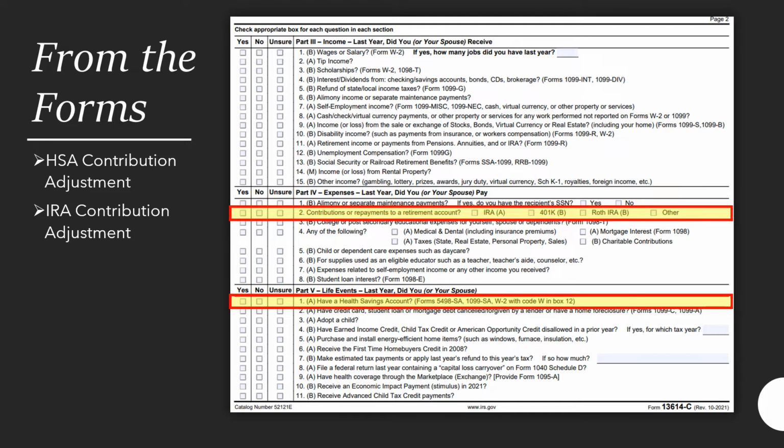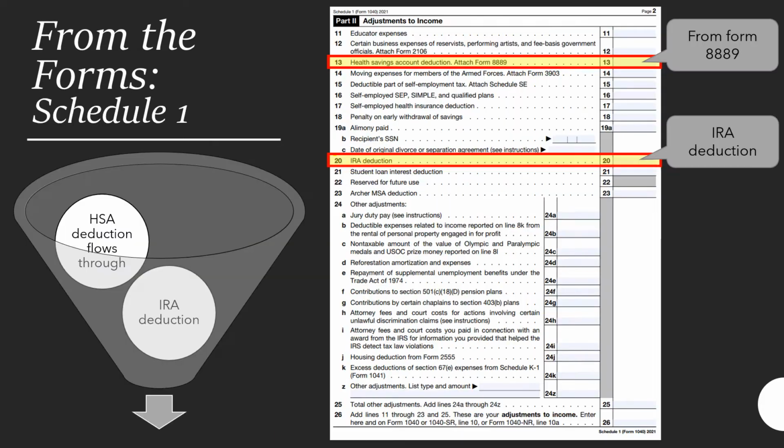Both of those are tax favored accounts, and if our taxpayers contributed to them, they may be able to take an adjustment. If we go back to our form, our Schedule 1, we can see here where those adjustments show up. Line 13 is for the health savings account deduction, and you can see that flows from another form, Form 8889, which we'll look at.